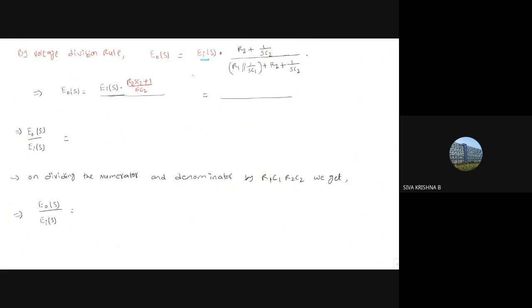What about the denominator? A parallel with B, that means A into B by A plus B. Plus, if we take the same here, that means LCM, R2 SC2 plus 1 by SC2.